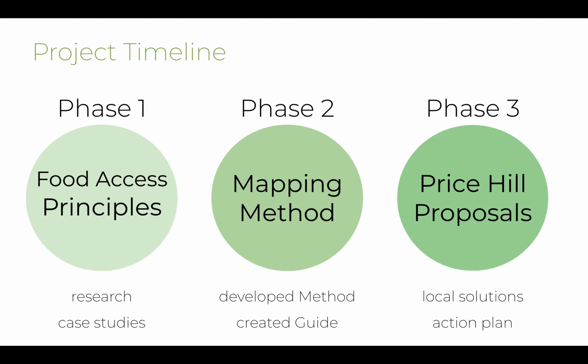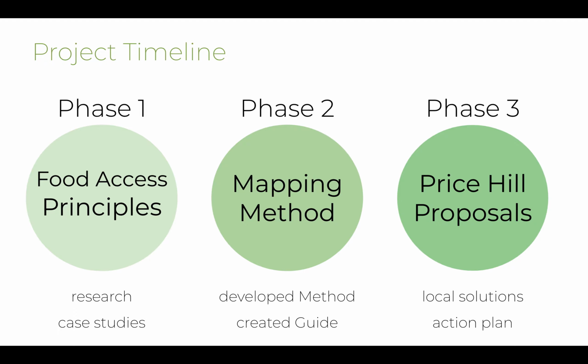The method is like a flow chart that helps communities determine what is the best solution for them, where they should locate it, and how it should be operated and managed, and really what purpose it should serve overall. A lot of the case studies we looked at addressed food access while also addressing other social issues and unique local issues. So there's room for that in this methodology as well.